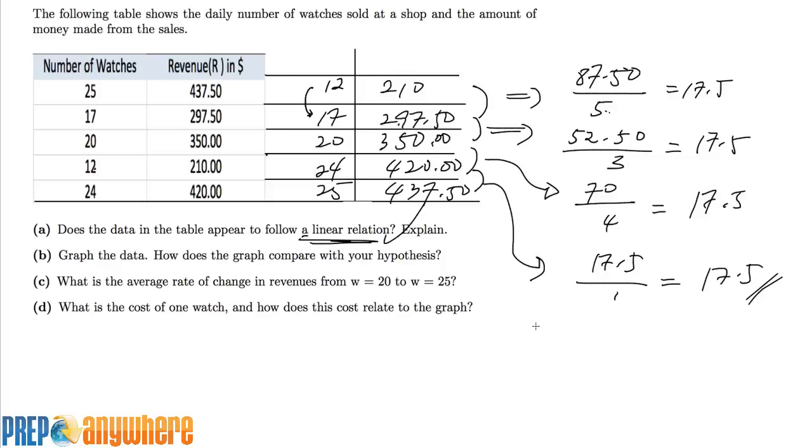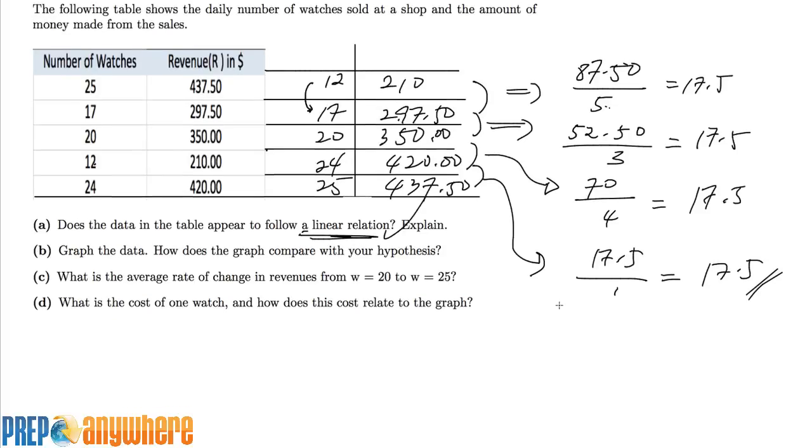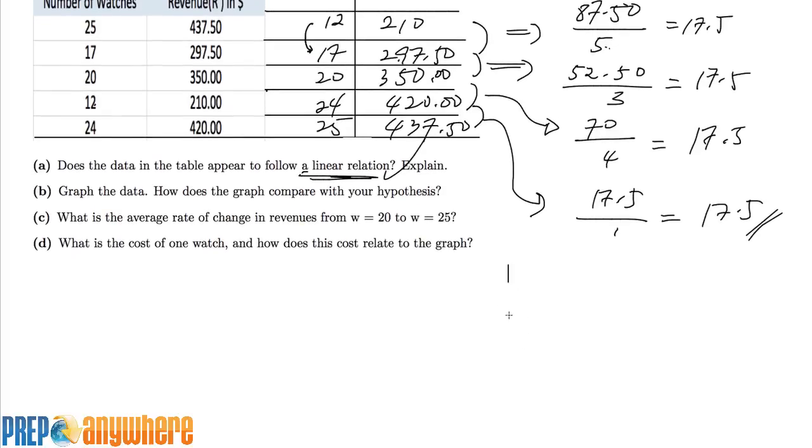So graph the data. If you plot this, it's going to form a straight line. So let me just plot it approximately. Let's say this is 12, 17, 20, and then there's 24 and there's 25. Okay, it's not the same scale.